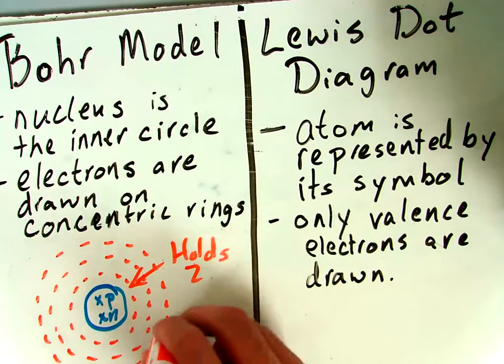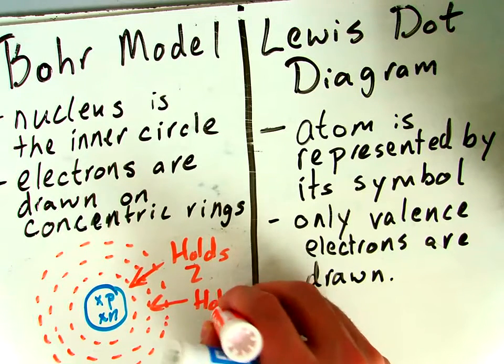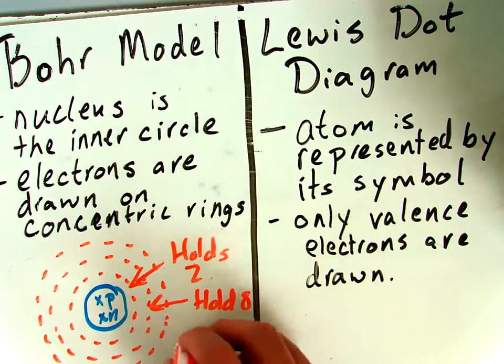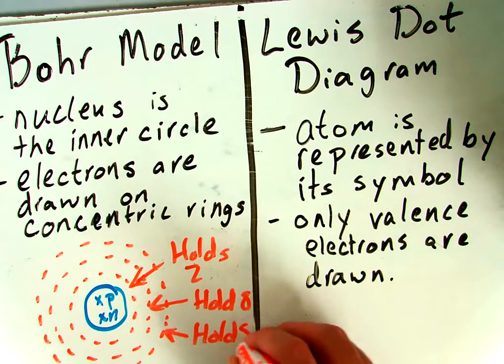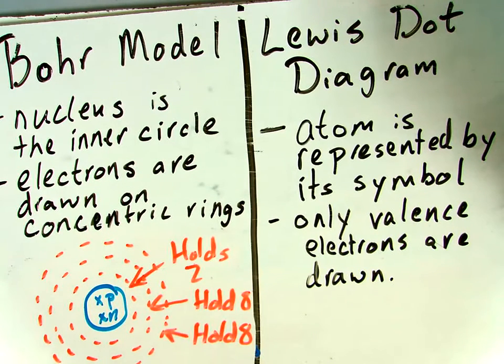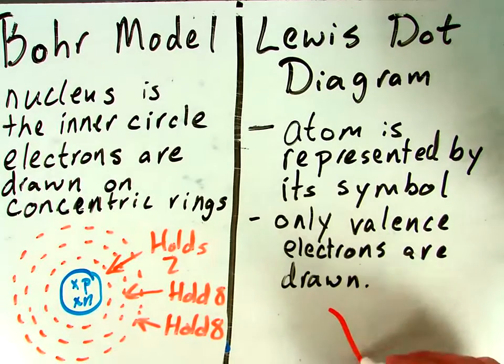We only have to draw Bohr models up to the first 18, so we don't care how much a fourth one would hold. It also holds 8.